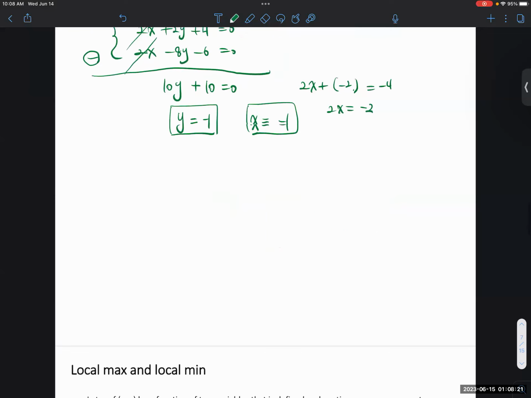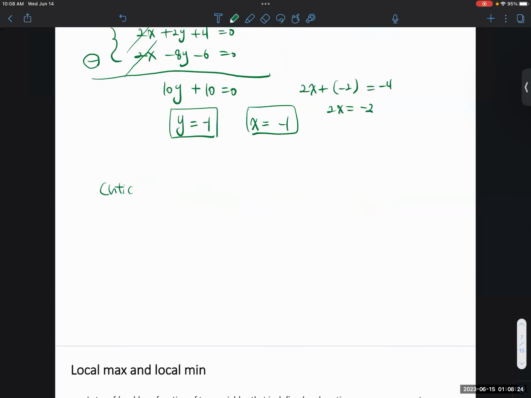So what does it mean? The critical point of this function is going to be at negative 1 comma negative 1. We don't know whether it's going to be a local max or local min. I will show you how to determine whether these critical points give you the local min or local max of the function. But so far, this is the critical point and how to find it.